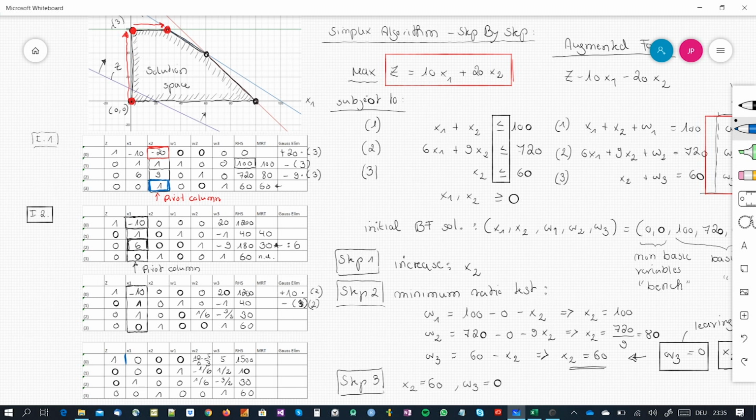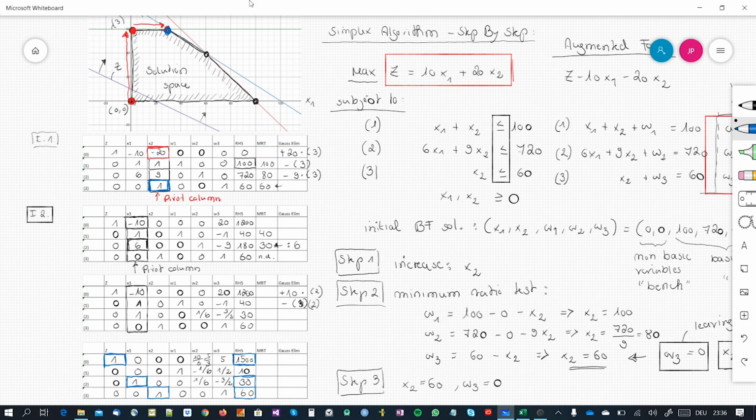So for zeta, where we have a 1 given, we have the optimal value of 1500, with x1 that we can read from the column of x1, which is 30, and then x2 we have given by 60. And this is the corner point where we have lately just increased for x1. So we are done now.